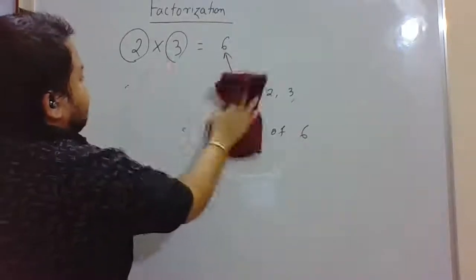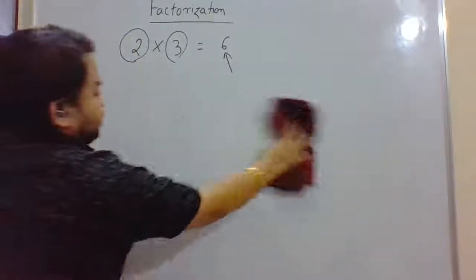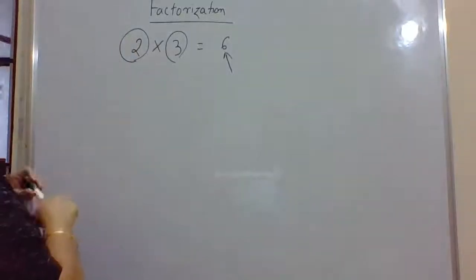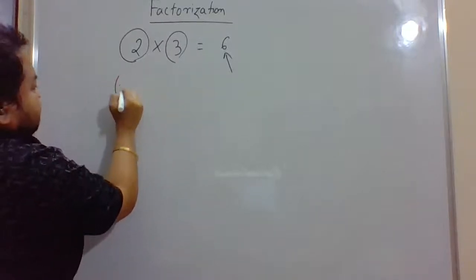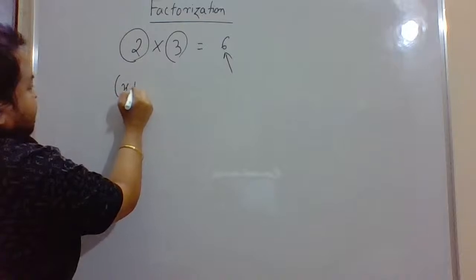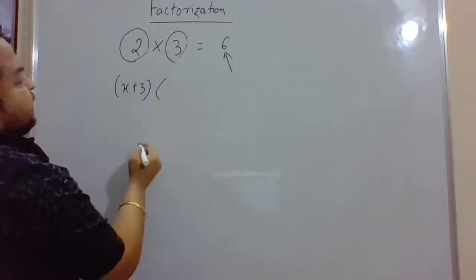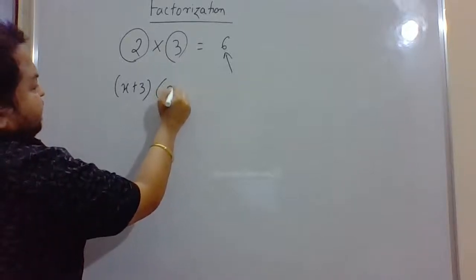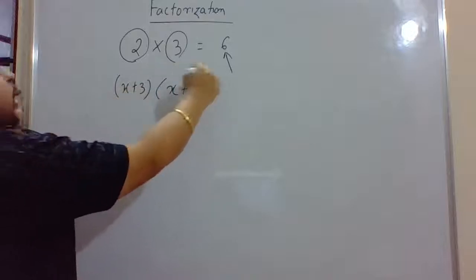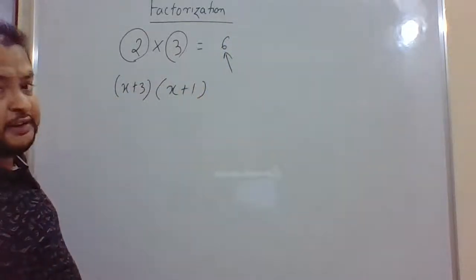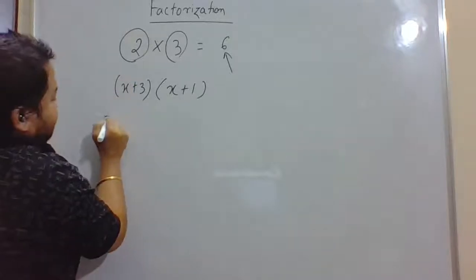This was with numbers, which was very easy. Let us understand, in place of these two numbers, if I had two polynomial expressions. Suppose I had x plus 3 in place of 2, and x plus 1 in place of 3. What would be the product of these two?